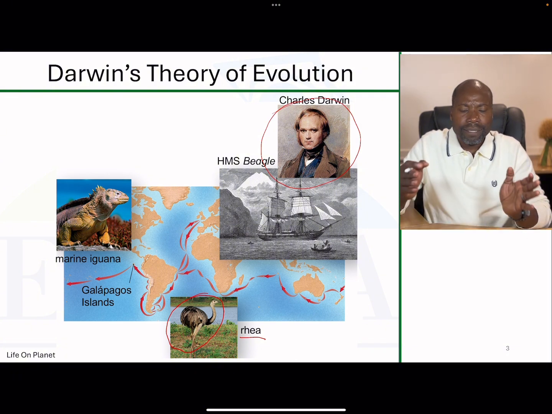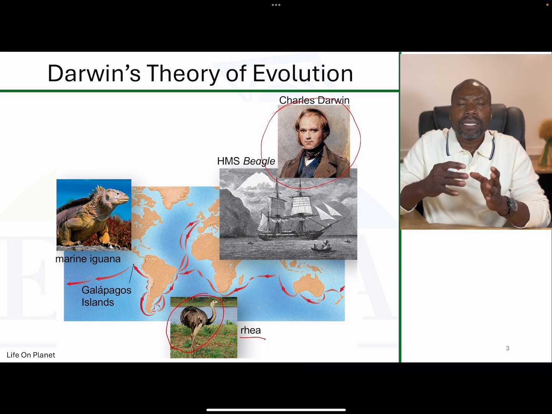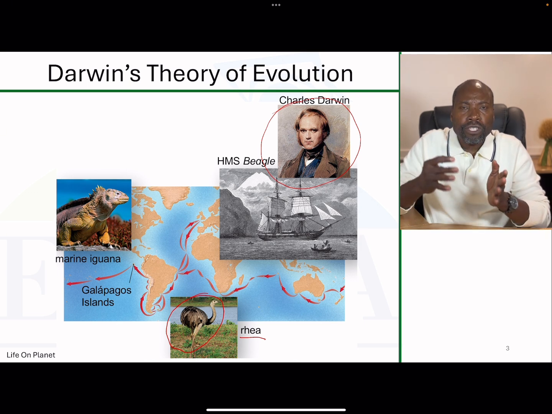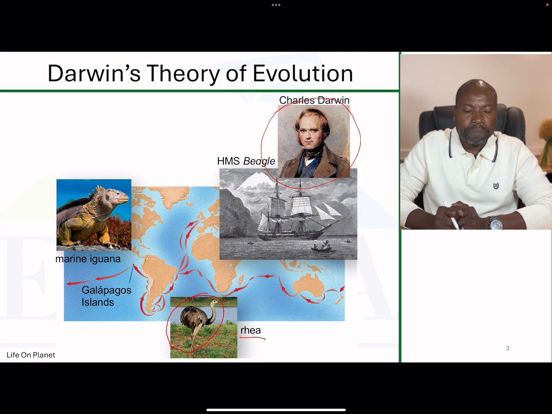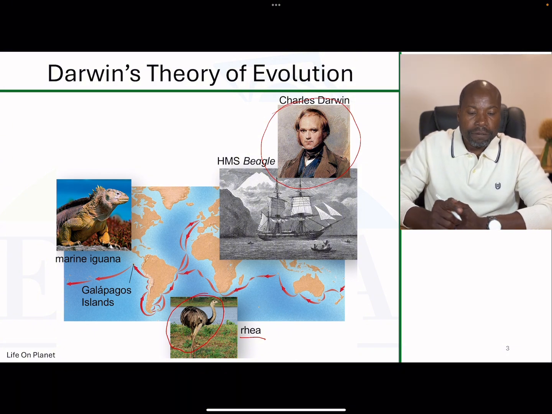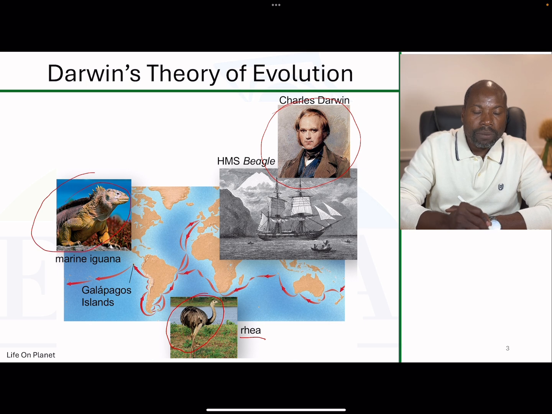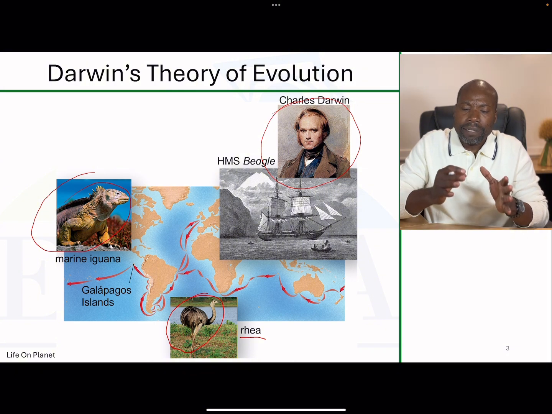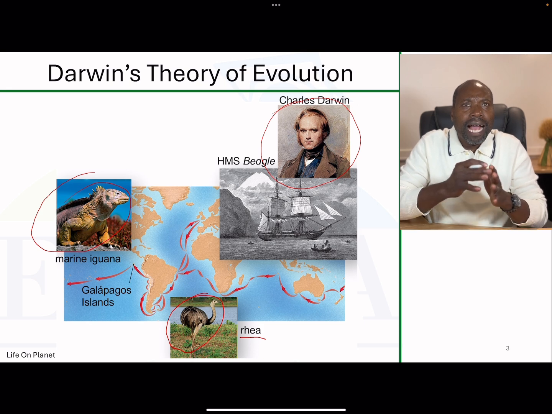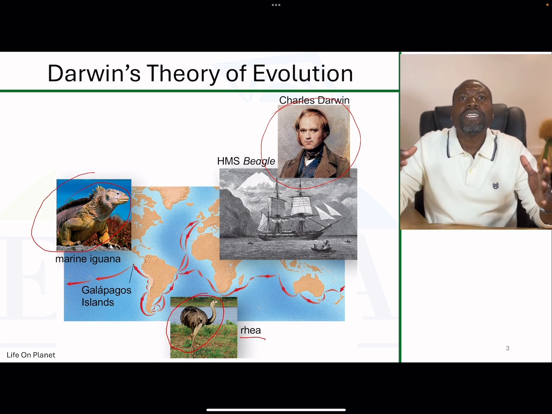So he tried to understand what is the reason for such a high similarity. He noticed that on the island of Galapagos, you have marine iguanas that are very unique to that island. Why are these marine iguanas so unique and isolated from the remainder of the world?